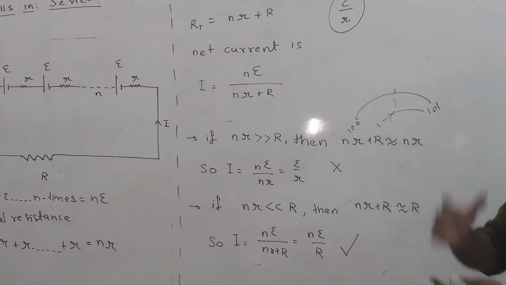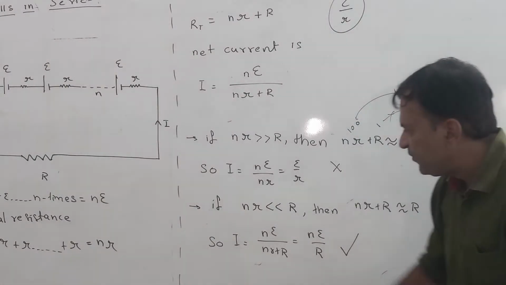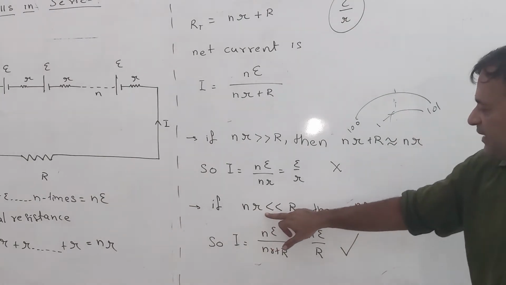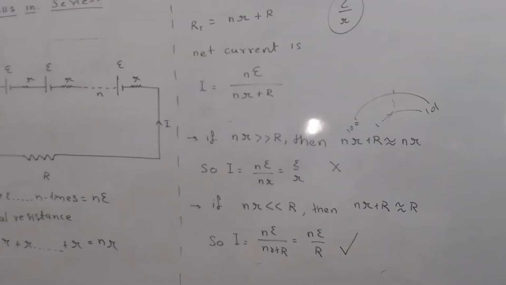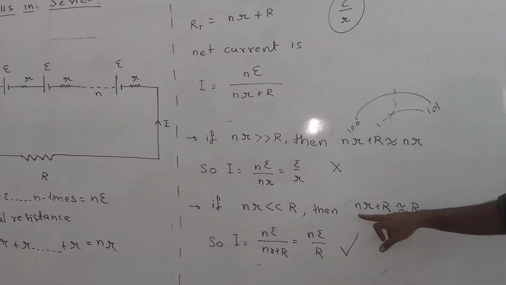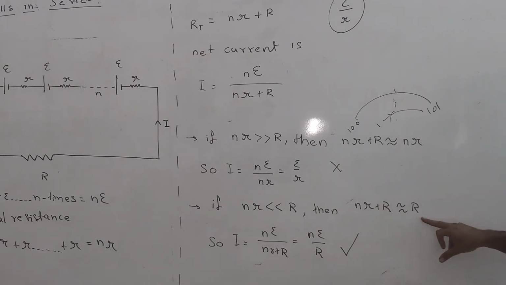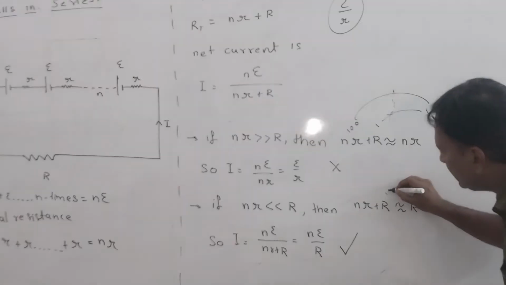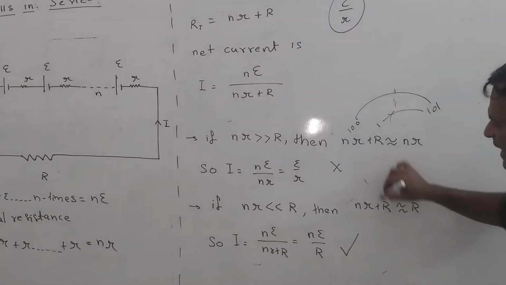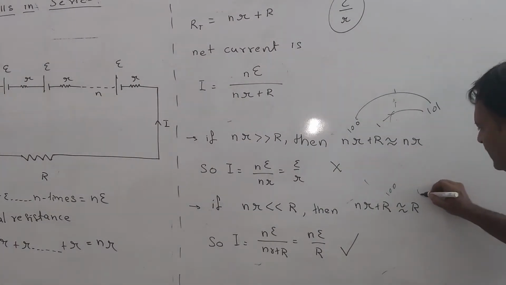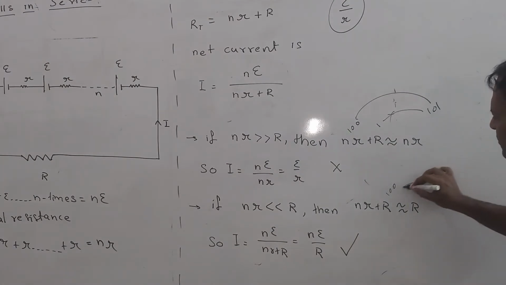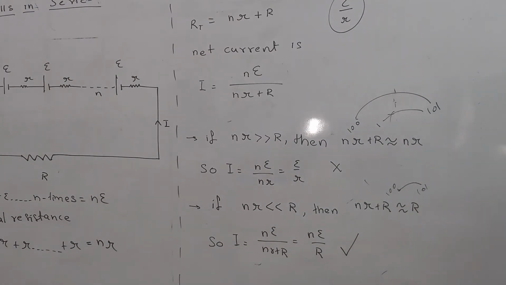Now the second condition, what if internal resistance is much smaller than external resistance? Then nr plus R is nearly equal to the bigger number R. Now suppose this has a magnitude of 100, this has a magnitude of 1. The result will be 101, which is approximately equal to 100.